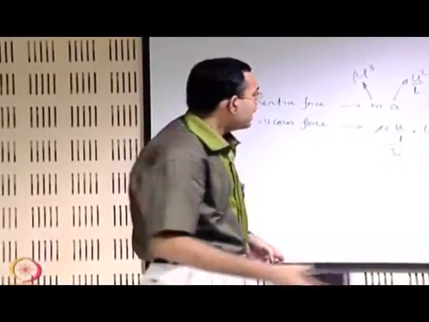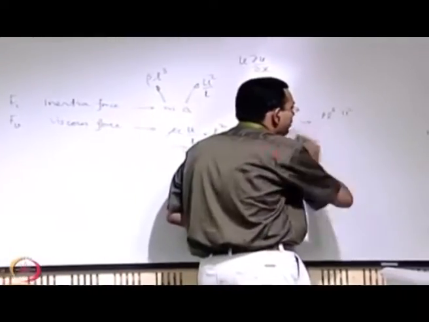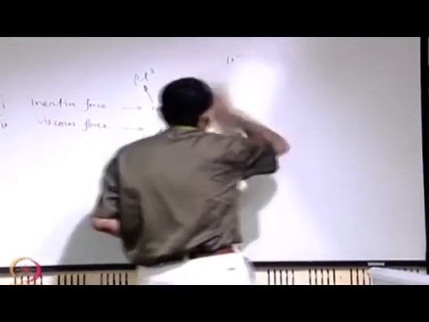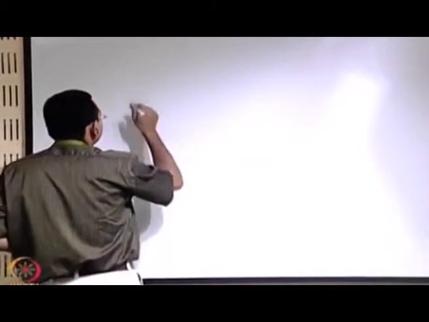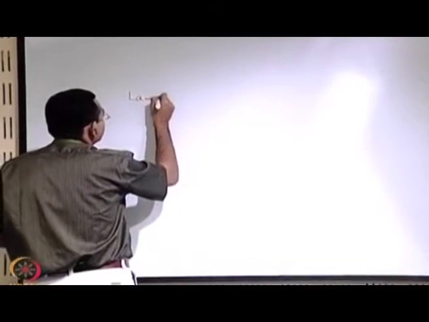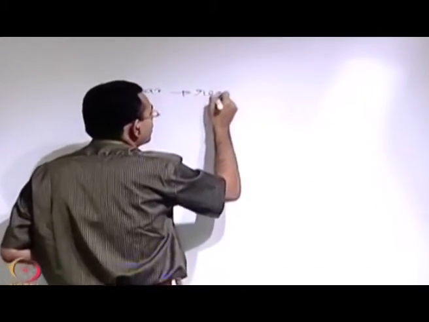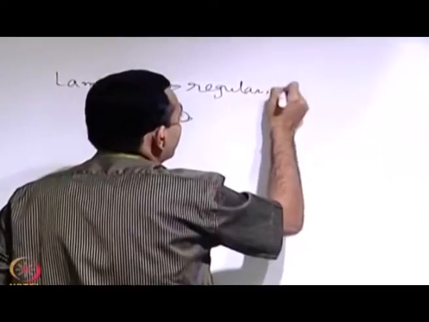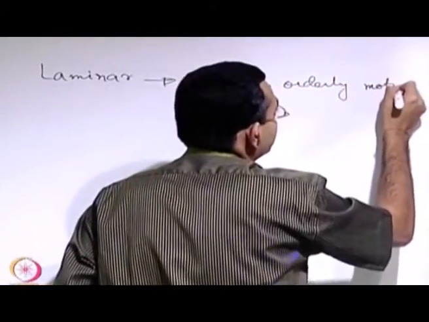To do that, we will first keep in mind that whenever we have a laminar flow, laminar flow means basically a regular orderly motion of the fluid elements. So let us identify it: when you have laminar flow, that means basically a regular and orderly motion of fluid elements.